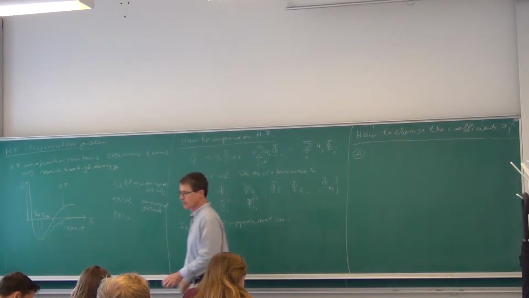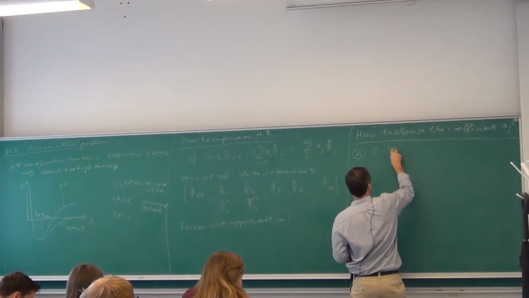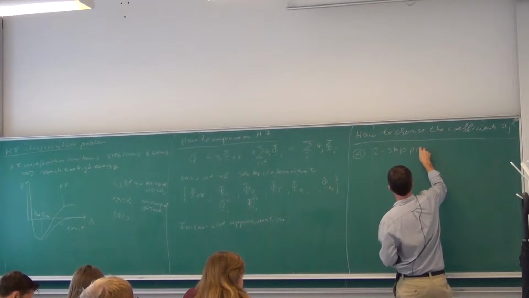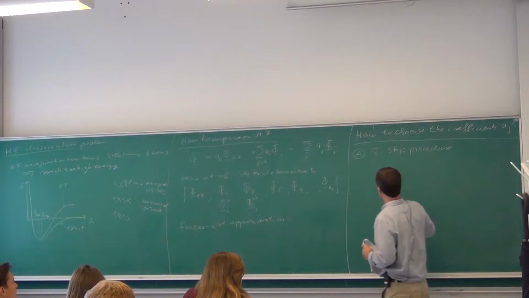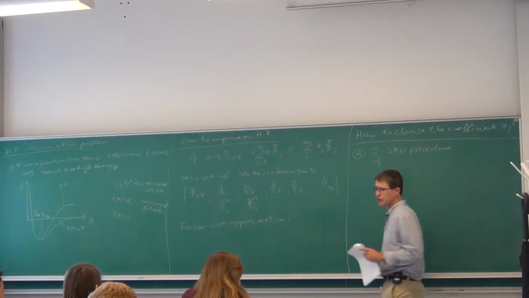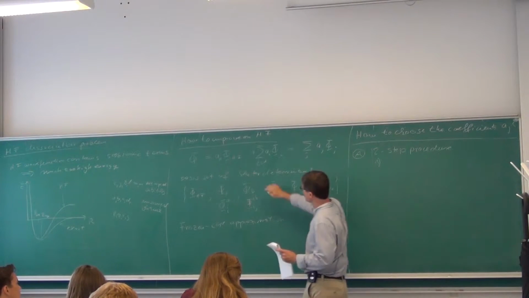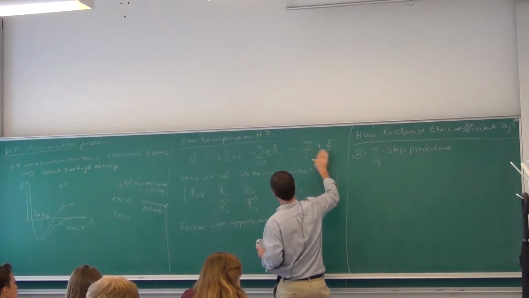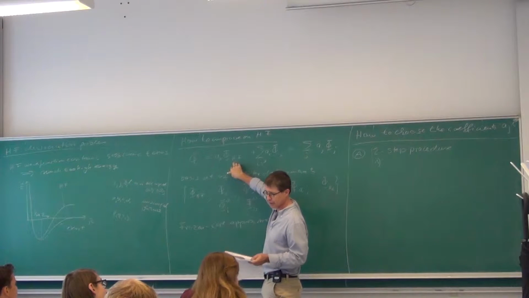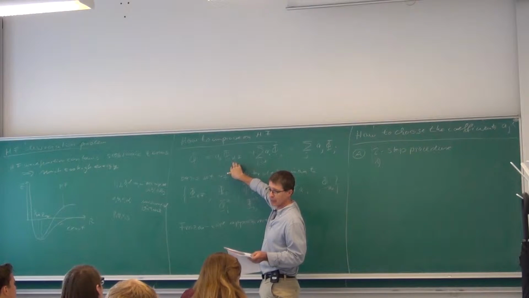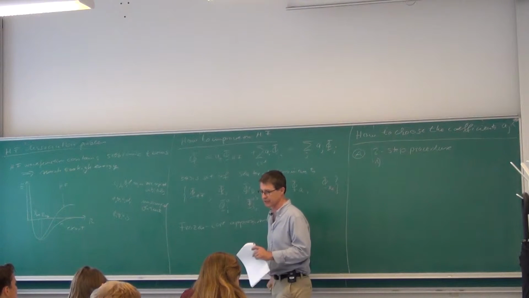We do a two-step procedure, where the first step is we generate molecular orbitals. Because in order to make the determinants, I have to choose orbitals, and the orbitals depend on molecular orbital coefficients.